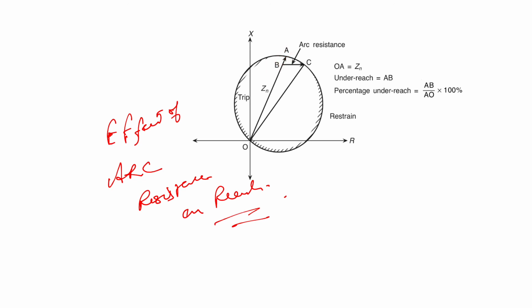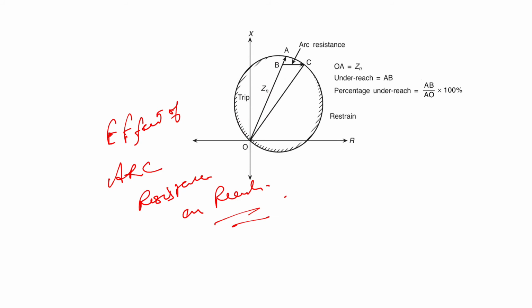Now let the fault resistance in this case be BC. The impedance seen by the relay, considering the fault resistance, just lies on the verge of the trip region. Any fault beyond this point B will cause the relay to restrain, because it will reach the restraint region. So effectively the reach of the relay has come down from OA to OB.